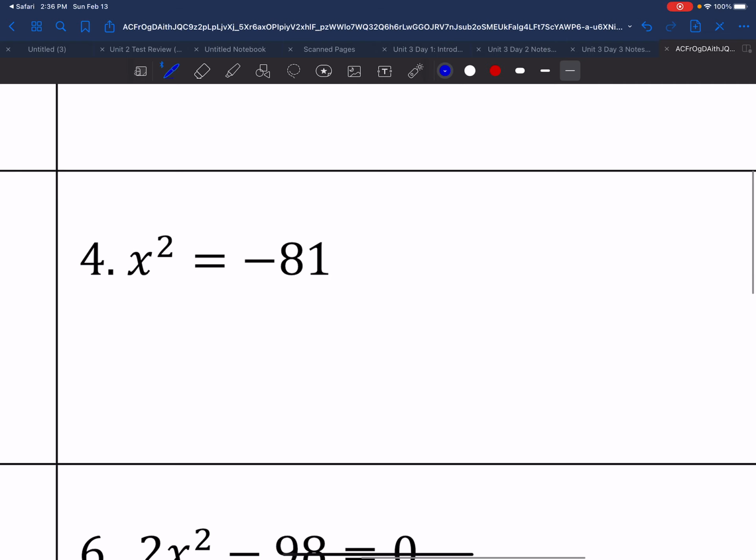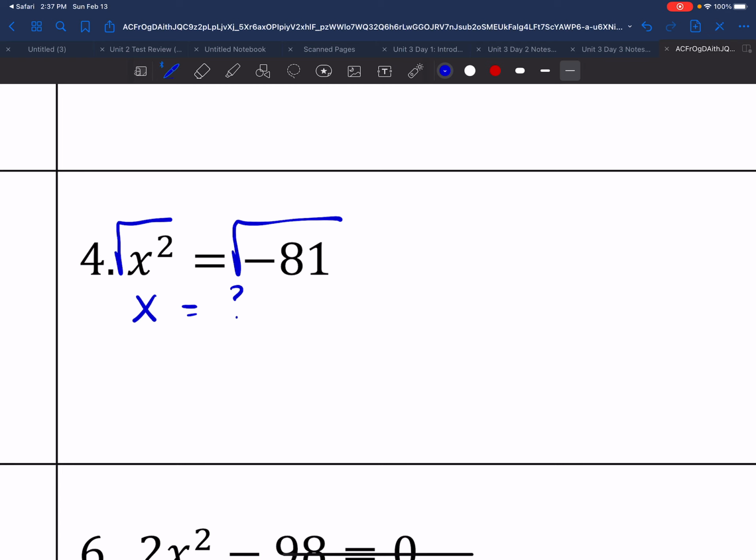And over here, whoa. This one is a little weird. We are going to take the square root on both sides. And I'm left with x is equal to, whoa, the square root of negative 81. Well, I'm not going to say that there is an answer for this.